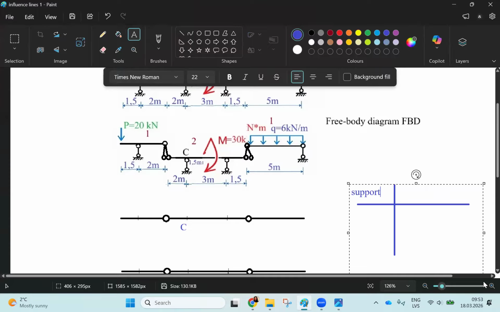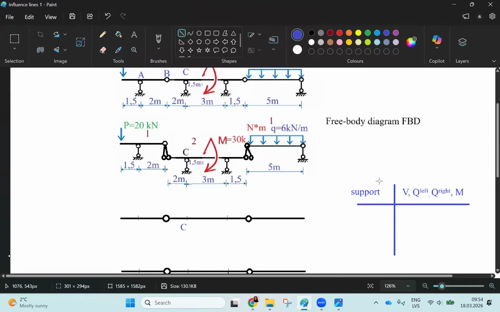For a support, we draw the support influence line, then the shear force influence line, here we call it Q, to the left, the shear force influence line to the right, and the bending moment influence line.